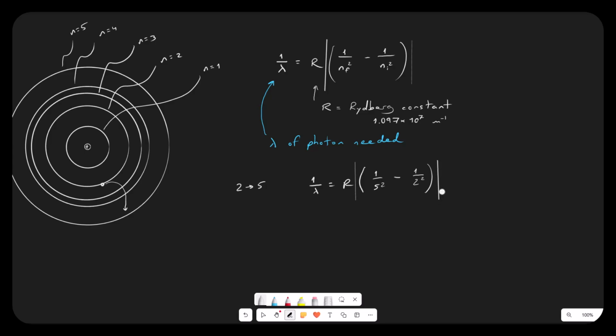And I can plug those numbers in, and I get 4.34 times 10 to the negative 7th meters, or if you like, 434 nanometers, which lands me right inside the visible spectrum and gives me blue light.